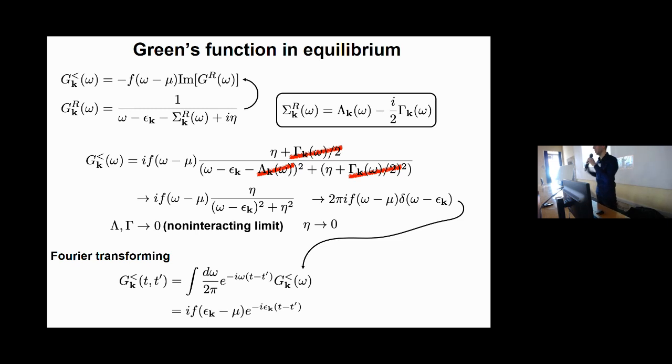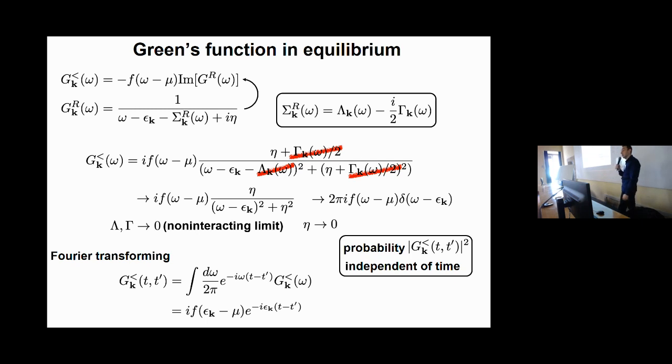The level k must be occupied. But if it is occupied, the square of this object, which is the probability, this g is just the probability amplitude, the square of this object is independent of time. And what is the physical meaning? That if the system is non-interacting, we add a particle or remove a particle of momentum k, and we let the system propagate, nothing changes.